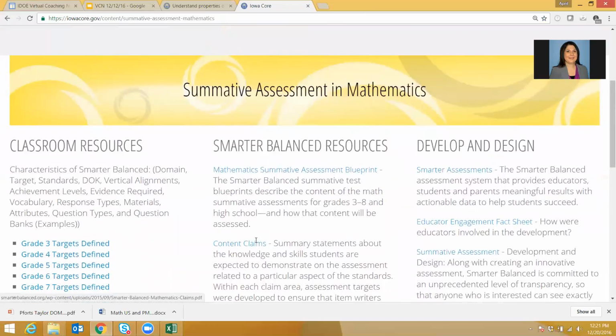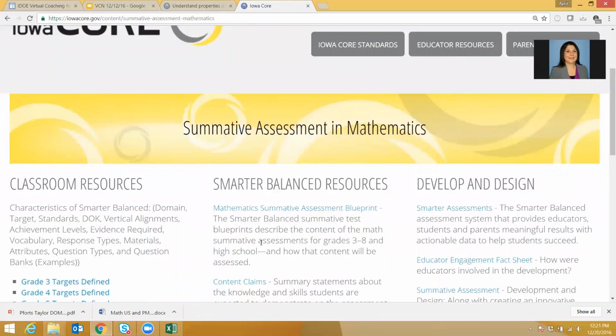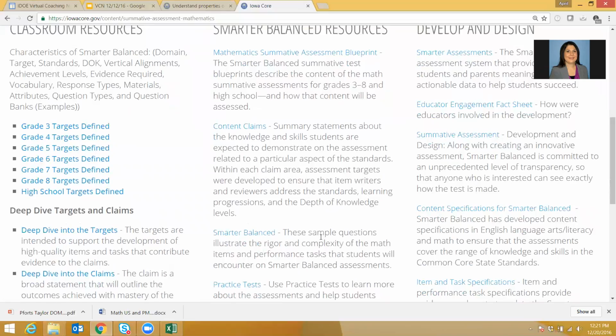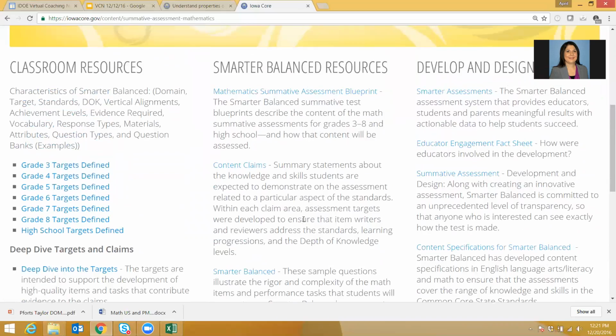Now this was the page where I was saying that this is where we put our Smarter Balanced stuff. Over here on the right hand side, you can see we have supports for development and design. And for those of you that really want to do a deep dive into that information, you would look here. Smarter Balanced also has some resources such as the blueprints, the content claims, the practice test is listed here.